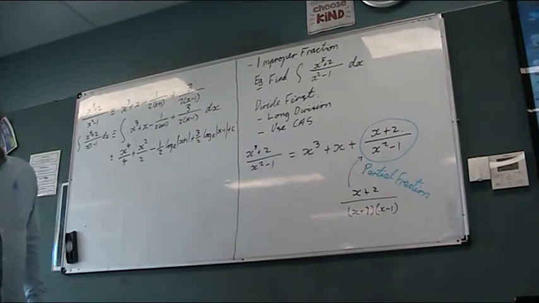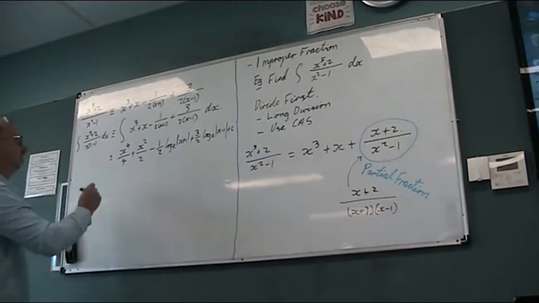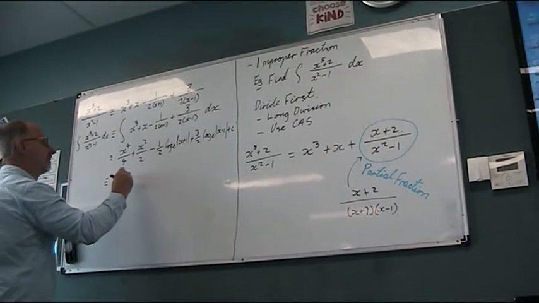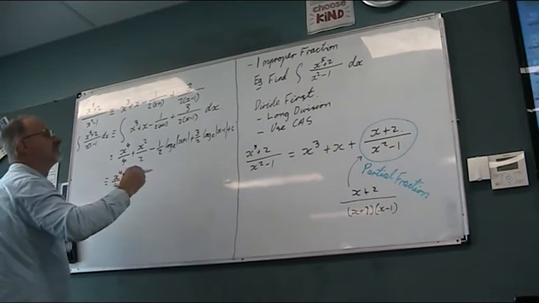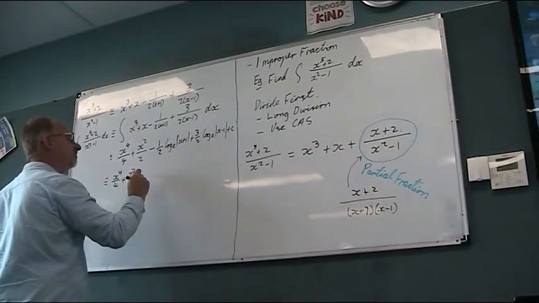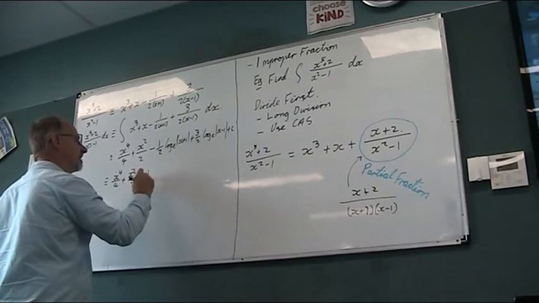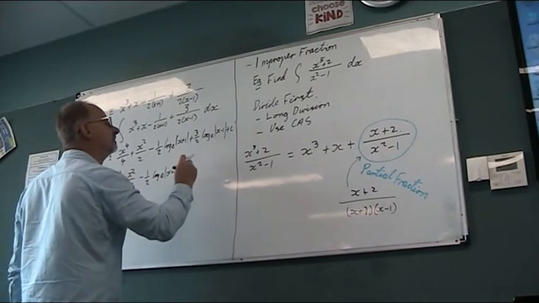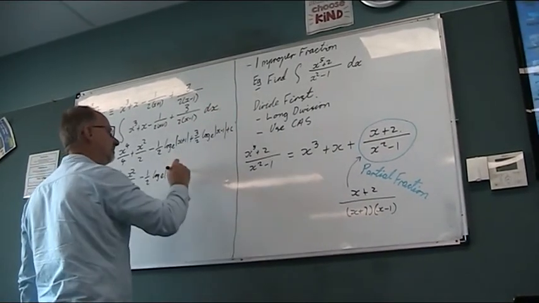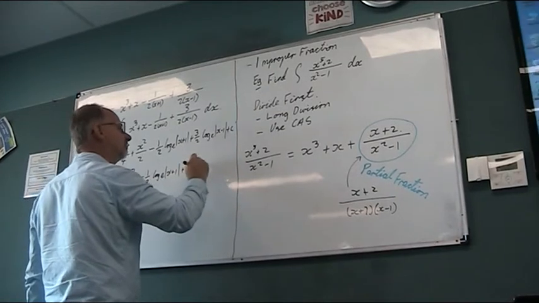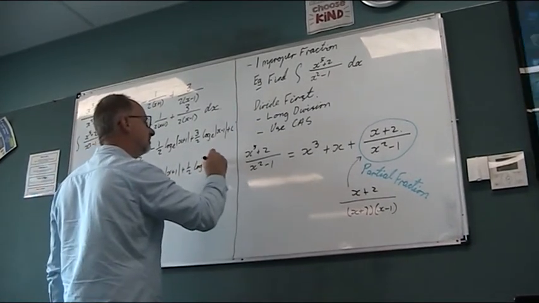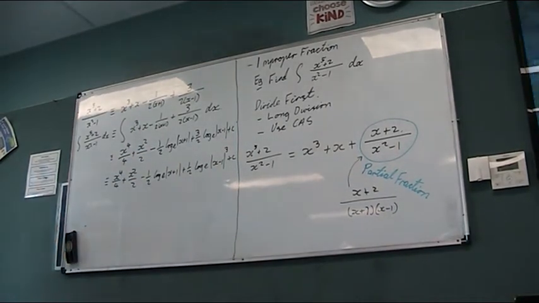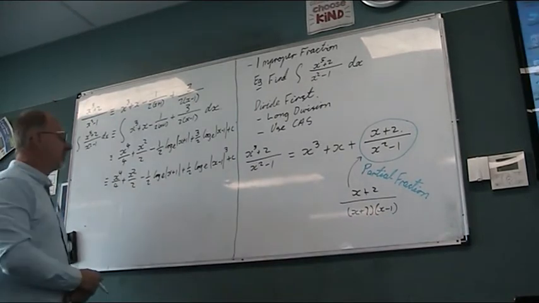Then we can muck around with a few things. So x to the 4 on 4, plus x squared on 2, minus 1/2 log to the base e of x plus 1. I'm going to bring the cubed up here, leave the half out the front. I'll leave the modulus in there because if you cube a negative number you get a negative.